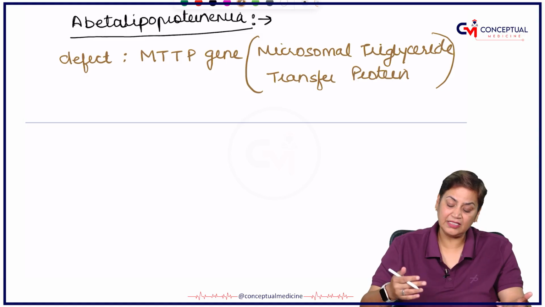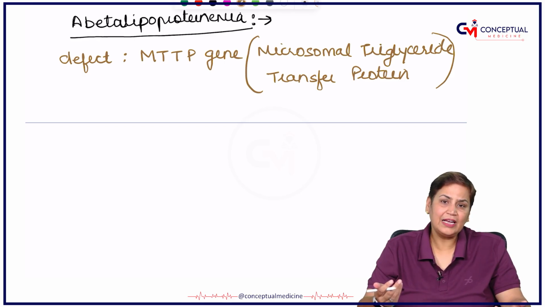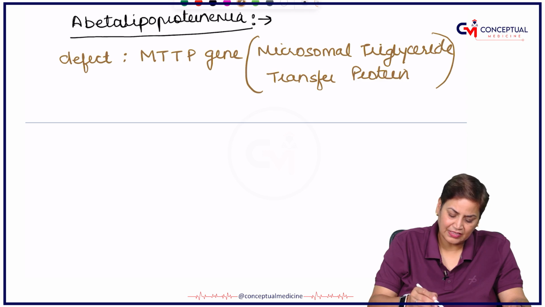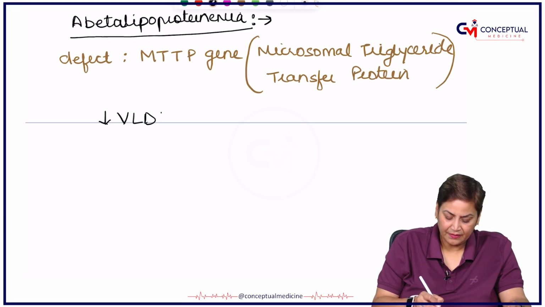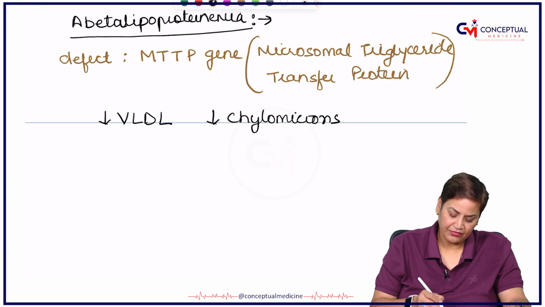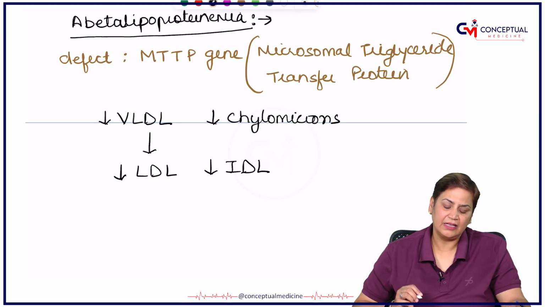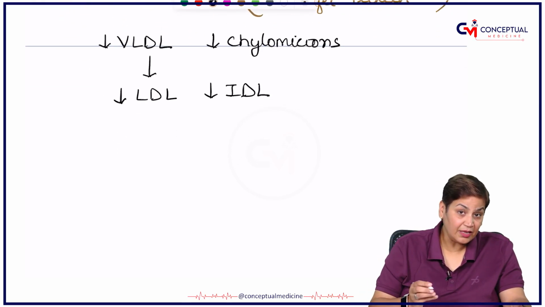We know that this is the gene which is actually transferring all the VLDL and chylomicrons. So initially there will be decreased VLDL and decreased chylomicrons. If there is decreased VLDL, it will lead to decreased LDL and decreased IDL. Everything will decrease. So what are the repercussions of that?